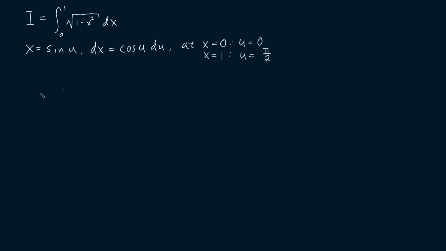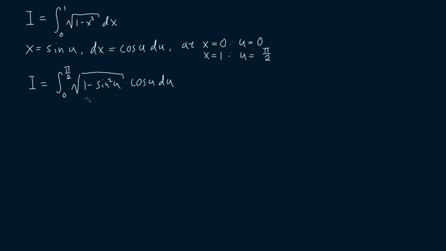So our integral becomes I is equal to the definite integral from 0 to pi over 2 of the square root of 1 minus sine squared of u times cosine of u du.